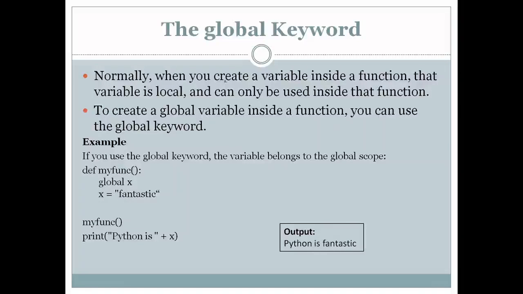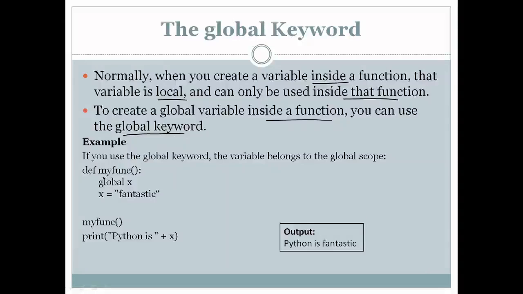Normally when you create a variable inside a function, that variable is local and can only be used inside that function. Now to create a global variable inside a function, you can use the global keyword. So let us look at one example here.